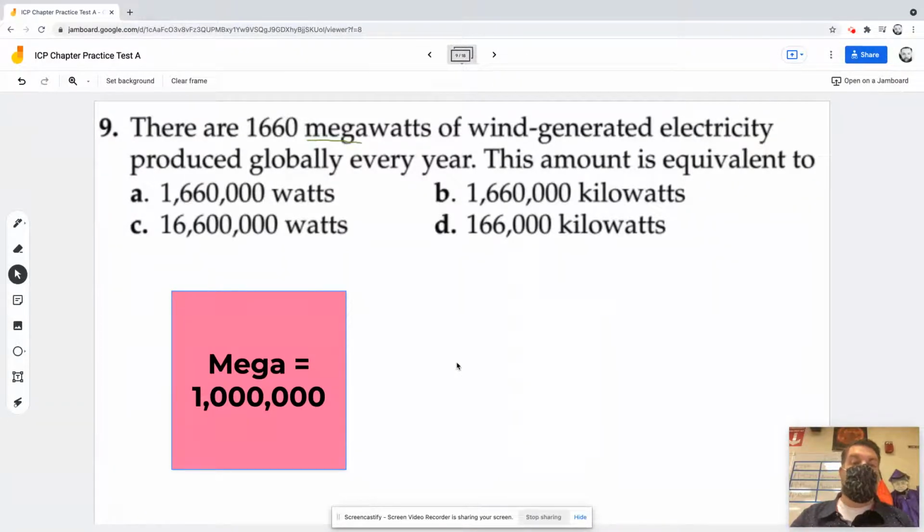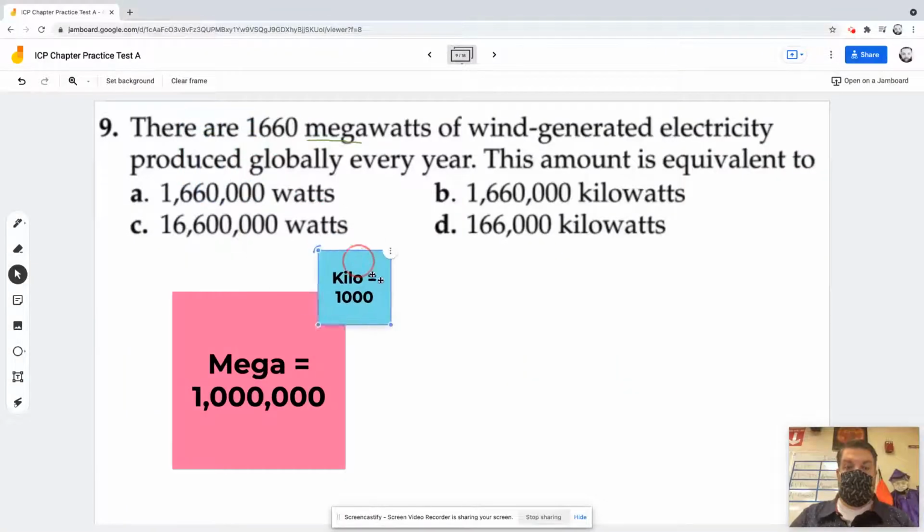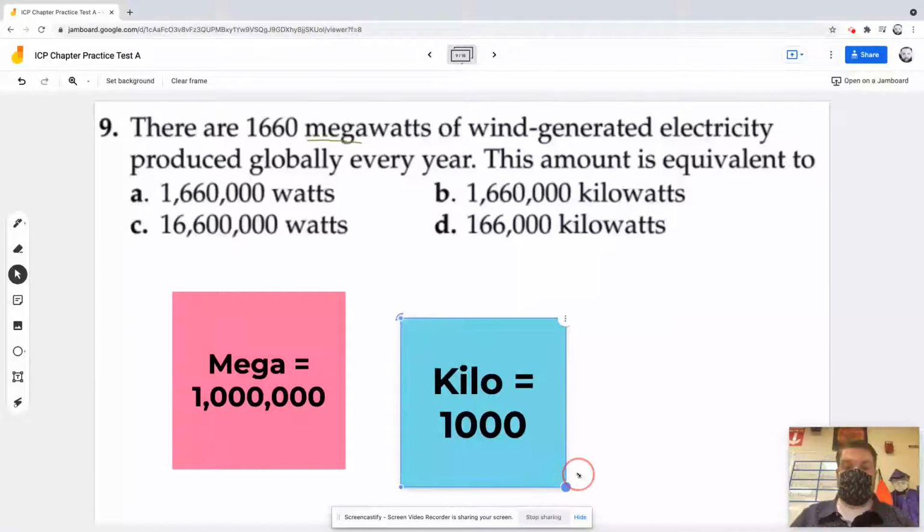What does kilo mean? It means 1,000. So we're going to plug that in too. So we might actually have to do a little bit of math on that.